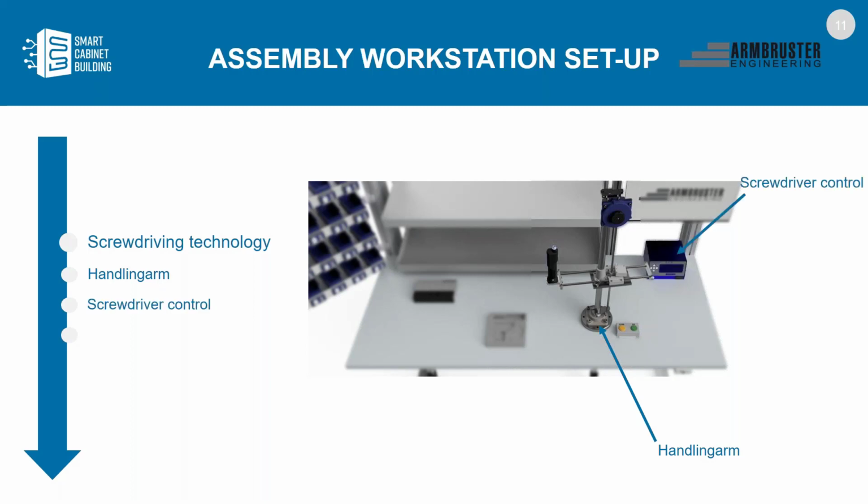We also need a suitable location for the respective screw control. The size can be totally different between the different types of controls. You can see here one screwdriver control from a company, I forgot the name, but as you can see, this is a smaller one.